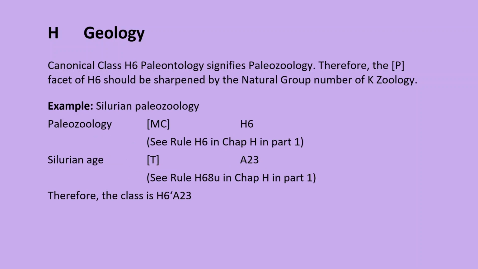So for paleozoology, the canonical class will be H6, and for Silurian age, the notation will be 823, as instructed in rule 868U in chapter H in part 1. Therefore, the class number will be capital H6 single inverted comma A23.